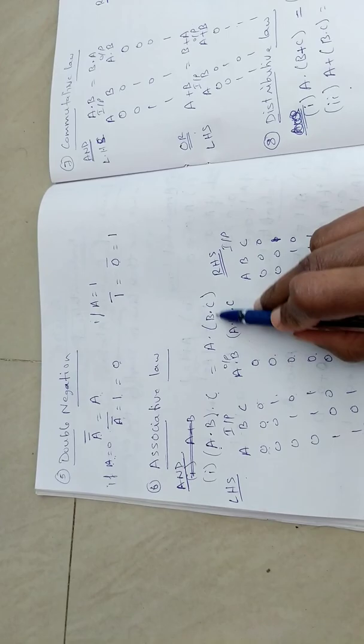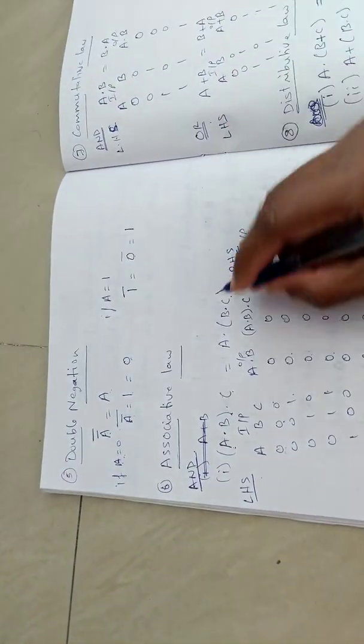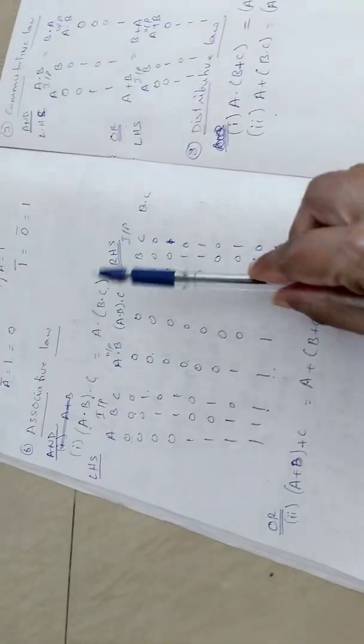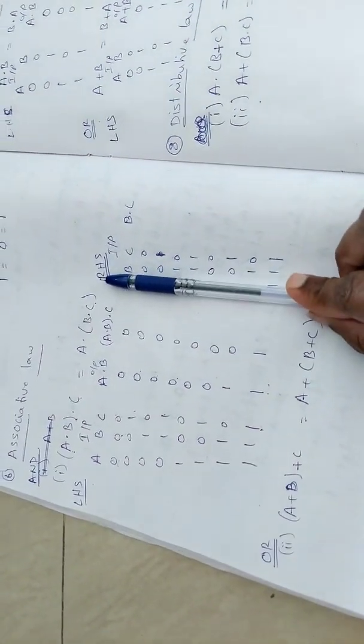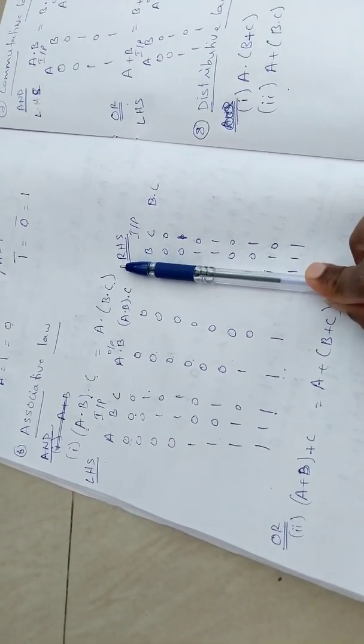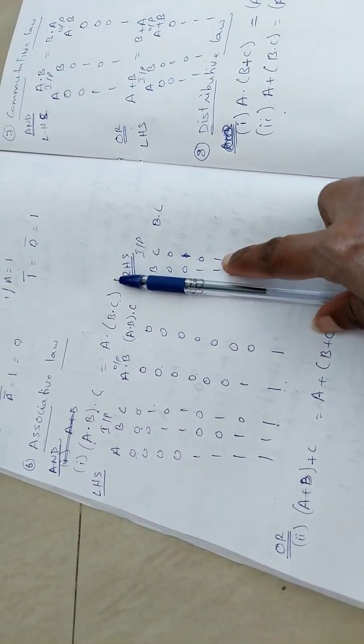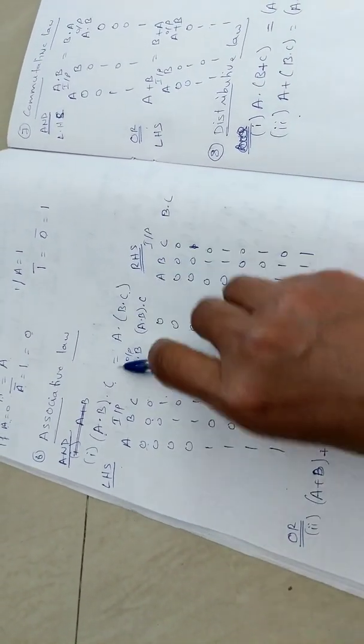Next, what do I have to take first? I have to take BC first, because that is my bracket. So make a combination of B dot C first. Forget your A. Only see where you have similar combinations. Here at the last I'm getting 1 1, and here 1 1. So only in those places I will be getting 1.